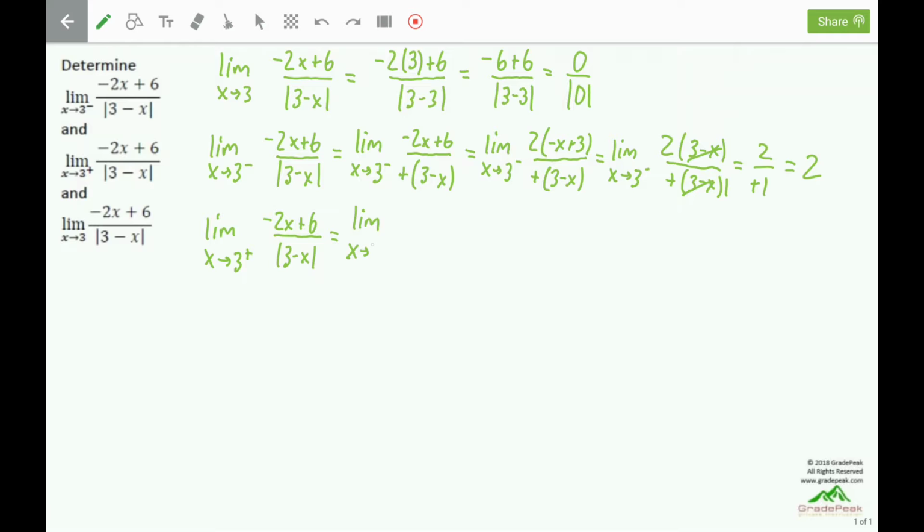If what goes in is a negative number, then the absolute value will make it positive by multiplying it by another negative. So we can put a negative in front of and replace the absolute value brackets with parentheses of the 3 minus x. We have the 0 over 0 indeterminate form.